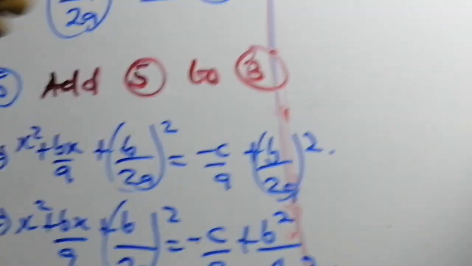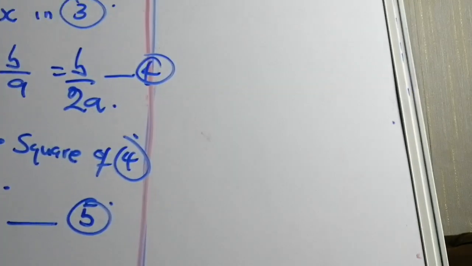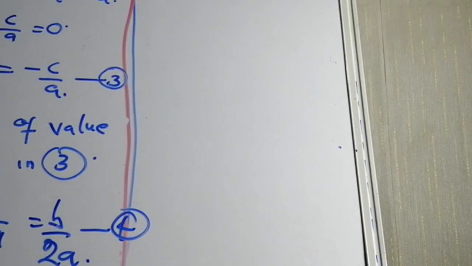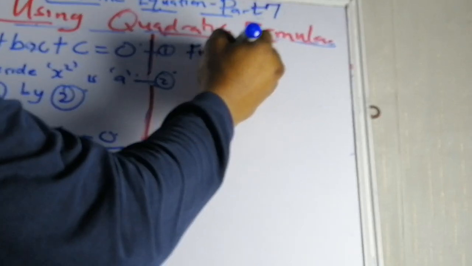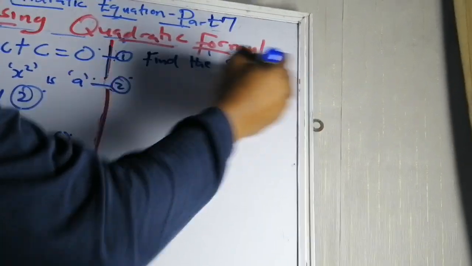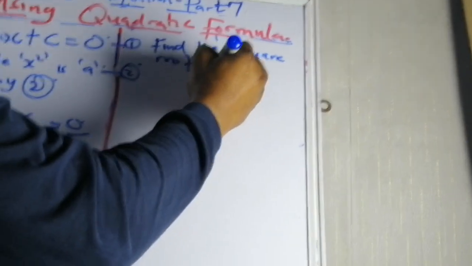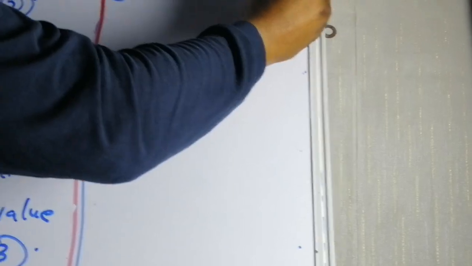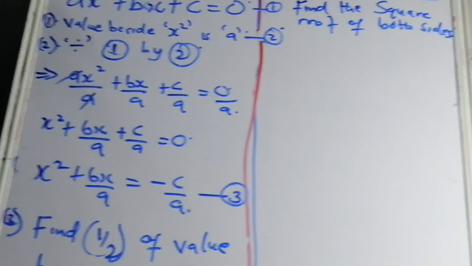When I continue here, now, that was why I split the board into 2. So the next step here is now that we find the square root of both sides.